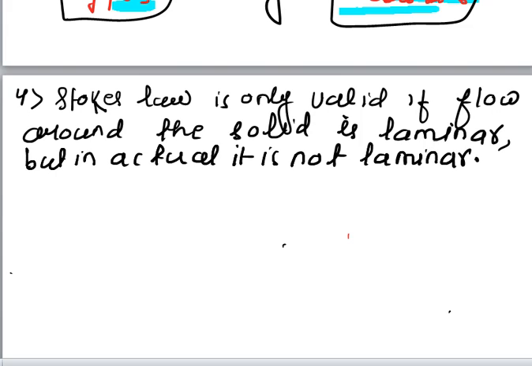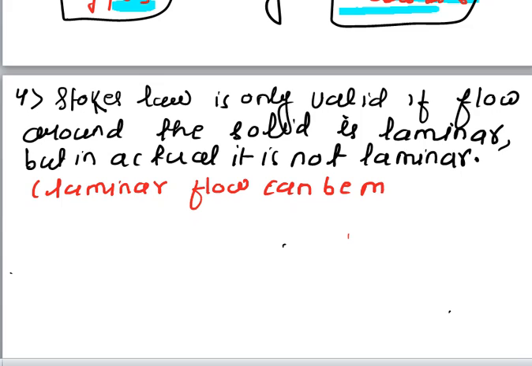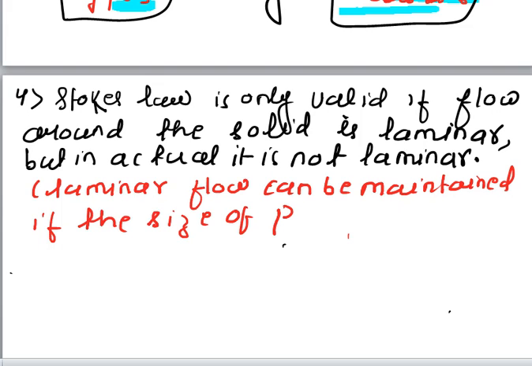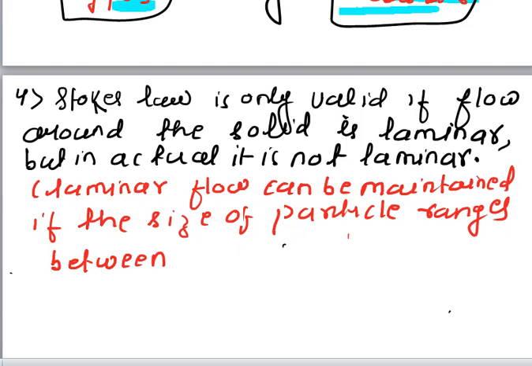There is another point regarding this. Laminar flow can be maintained if the size of particles ranges between 0.2 micron to 200 micron.